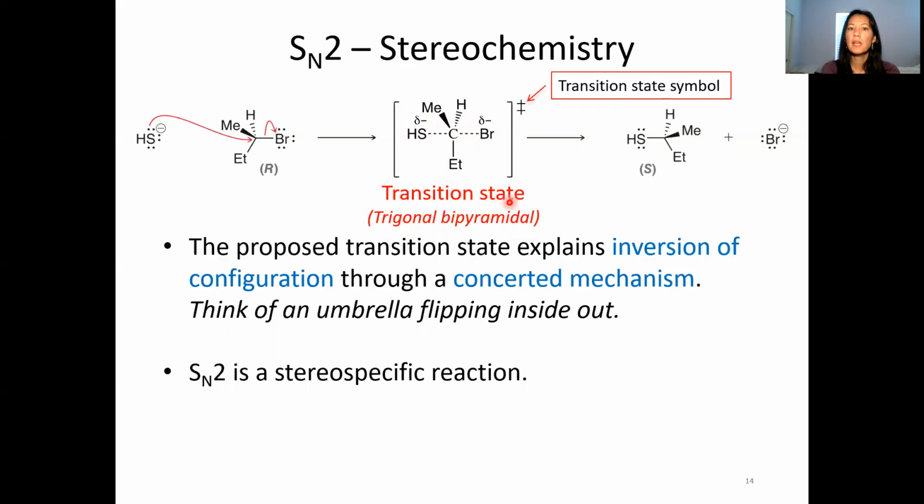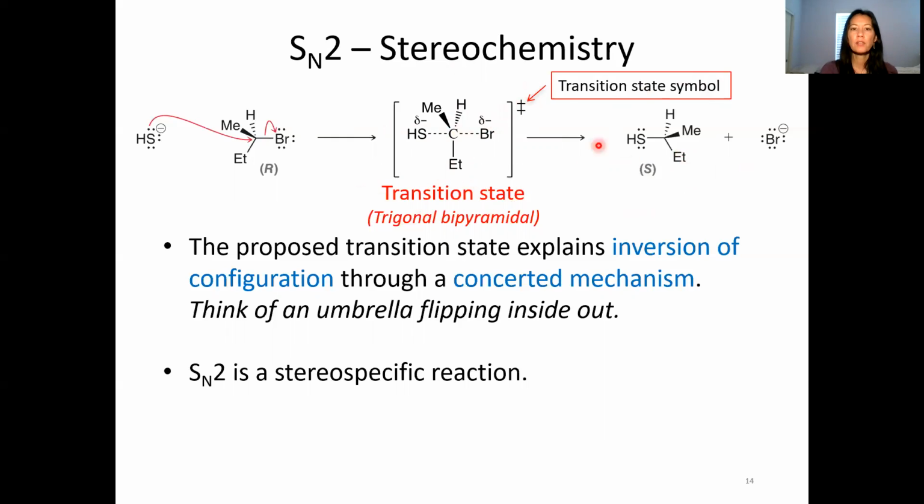But basically, this is your key transition state. Notice the transition state symbol. So this is kind of halfway through that umbrella inversion. And as the bromide finally leaves, the sulfur is on this end, recreating that tetrahedral geometry shown here.